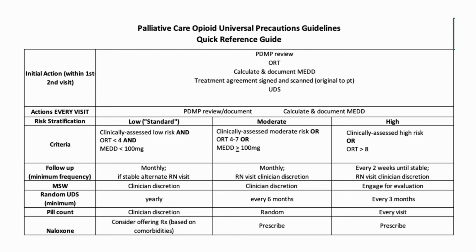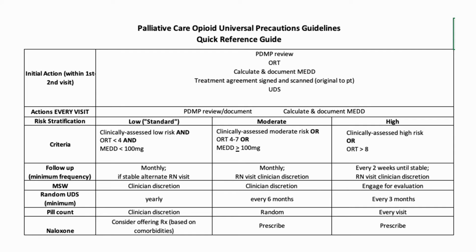You want to make sure you prescribe naloxone. You'll see this thing about RN visit, clinician discretion. We do allow our RN to do visits, and this is if the patient is stable and you don't anticipate any changes, say it's for a refill. She cannot do a billable RN visit via telehealth. It has to be in person.